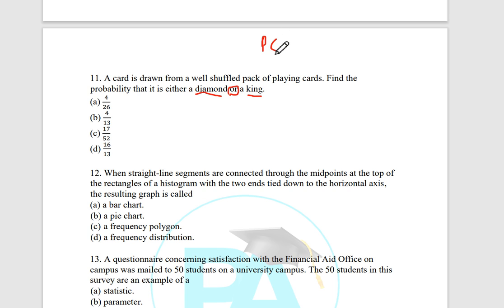You were taught that the probability of A or B, that's A union B, is equal to the probability of A occurring plus the probability of B occurring, minus, that's the general rule, the probability of A intersection B, that's A and B.